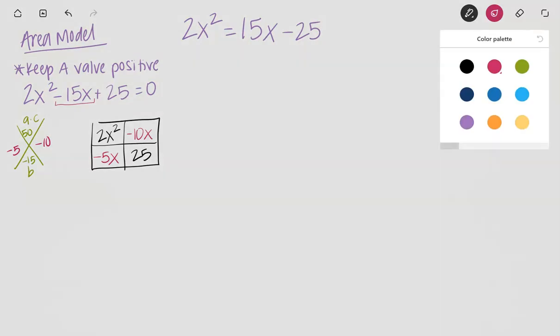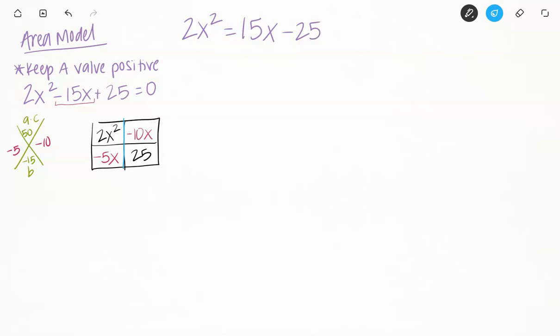From here, it is taking the greatest common factor, and we do that going up. So the greatest common factor of 2x squared and negative 5x is just going to be x. Now, one of the key rules with the area model is you keep the sign of the top row and the left column.